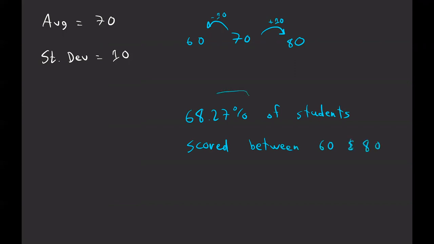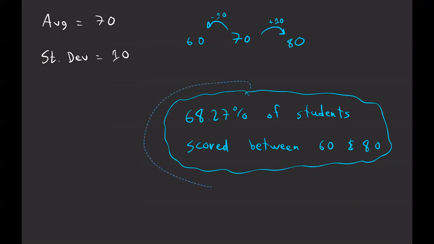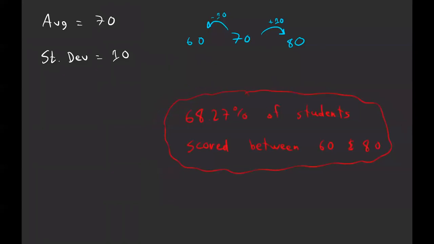And this is wonderful. This is great, because not only are we using standard deviation to tell us how spread out our data is, we're using this value of 10 to give us a sense of how spread out my data is, because I know the percentage of students that scored between these two scores. 68.27%, that's a little bit higher than 2/3.